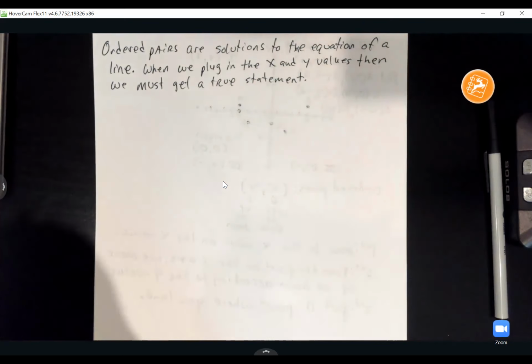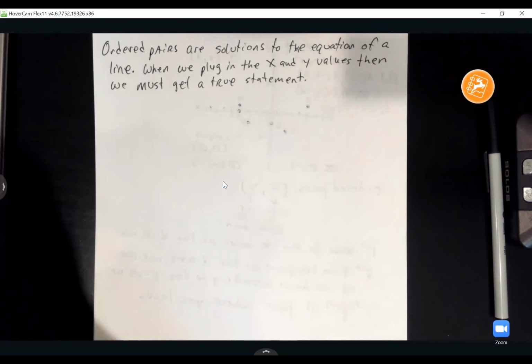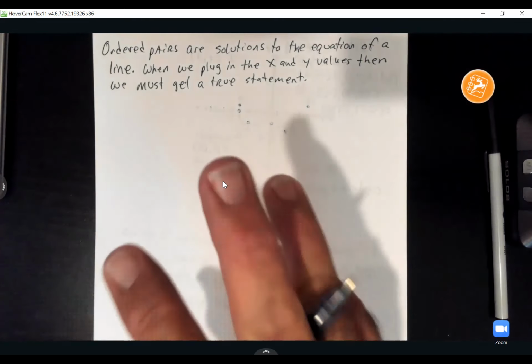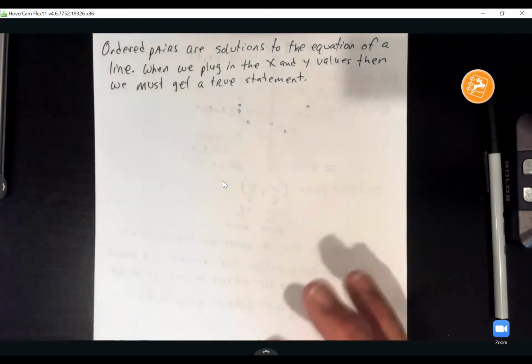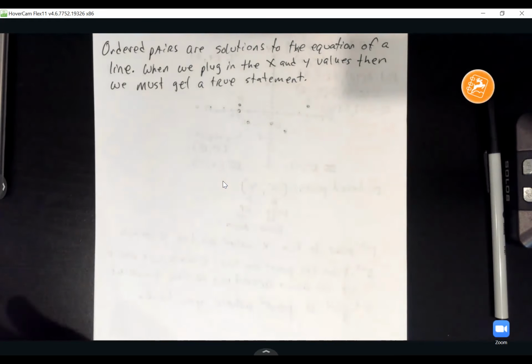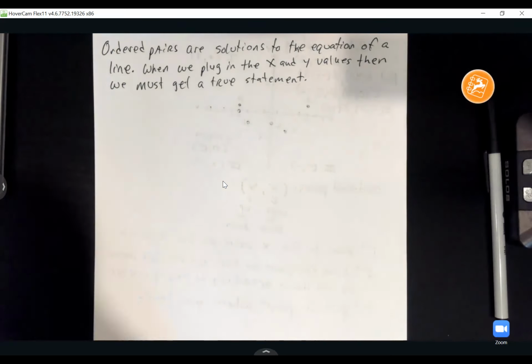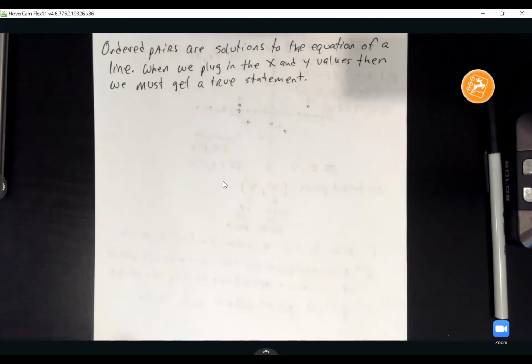So when I plug my X and Y values into the equation, a true statement means I'll end up with something like 5 equals 5, 7 equals 7, or something like that, okay? If I get a false statement, then that means the ordered pair is not a solution to my equation. So every ordered pair or every point on a line is a solution to that equation, okay?